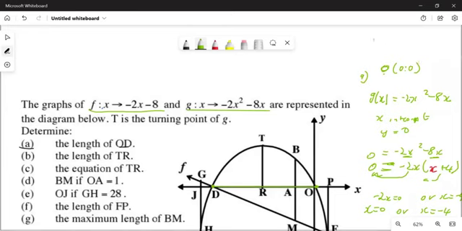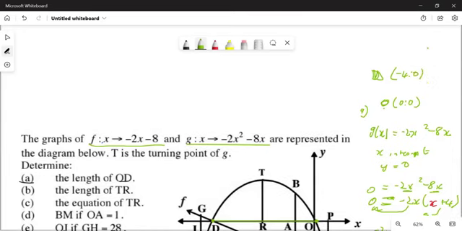So we can say the coordinates of D is going to be minus 4, which goes with 0. And now they want OD. How would you get OD then? It goes 0 minus open bracket minus 4.